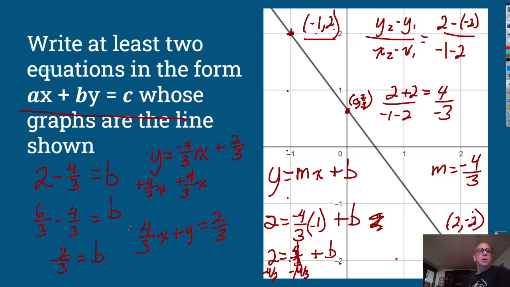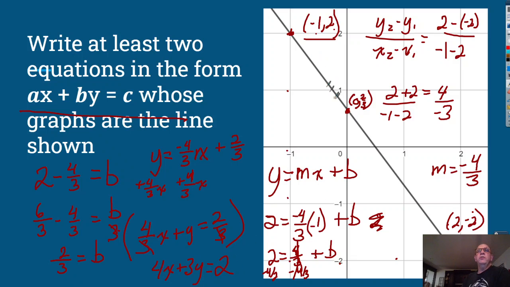So I'm going to multiply everything times 3. So 3 times 4 thirds, the 3's are going to cancel out. I'll have 4x. 3 times y is 3y. 3 times 2 thirds, the 3's are going to cancel out, so I'll have 2.